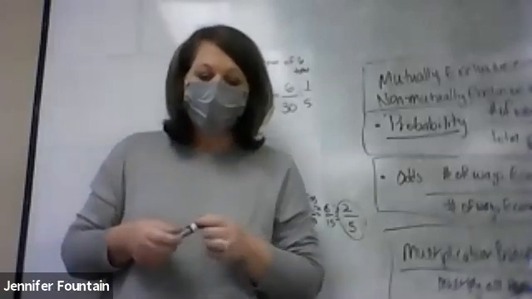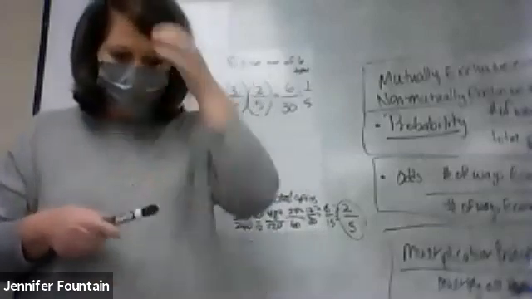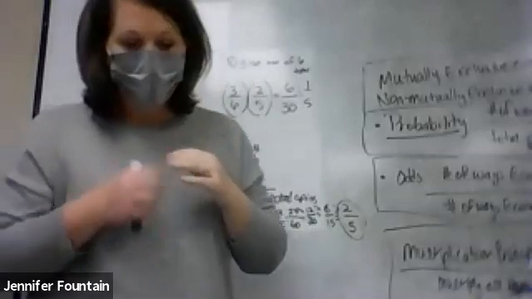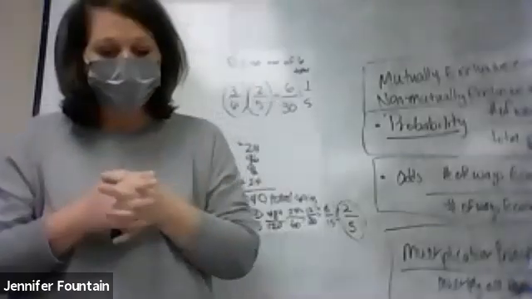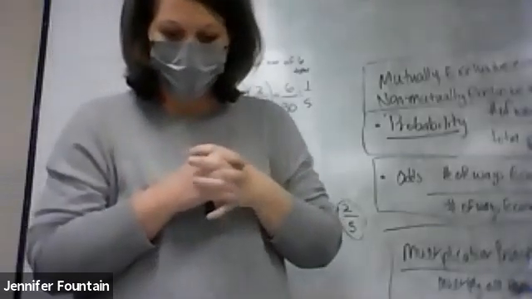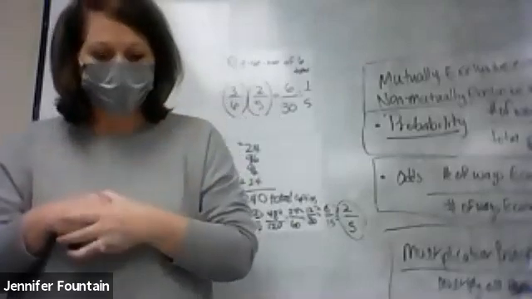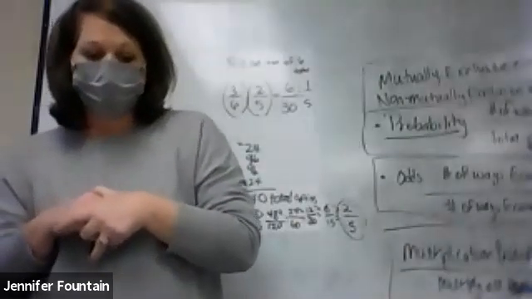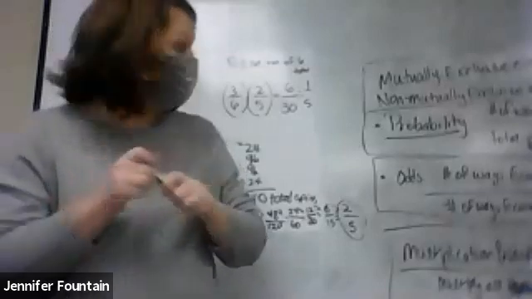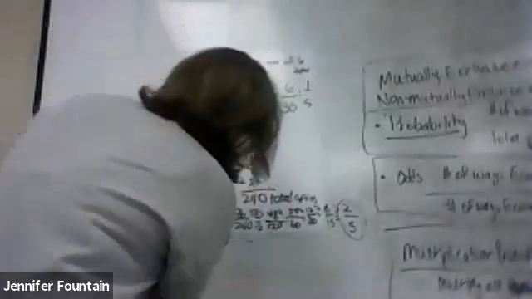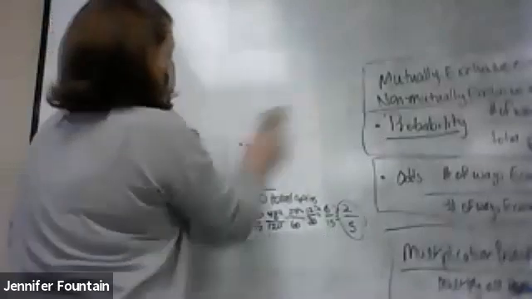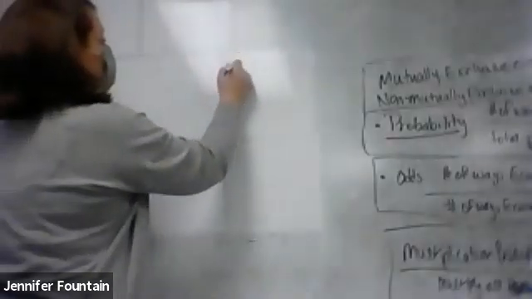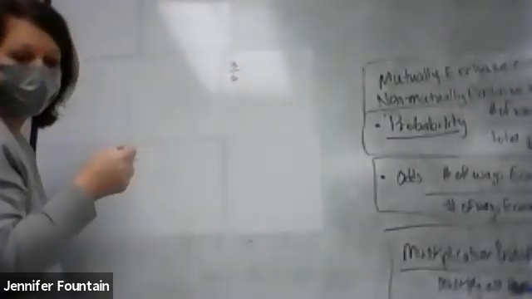Number 14, a marble is randomly selected and replaced. Another marble is randomly selected and replaced. What is the probability that both were a red marble? So how many reds do I have in my bag? 3 out of how many? 6. 3 out of 6 is going to be my first one.